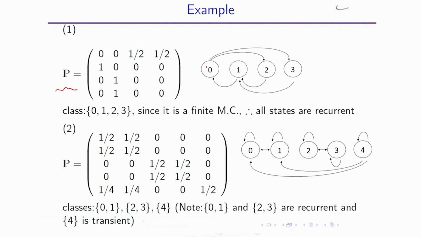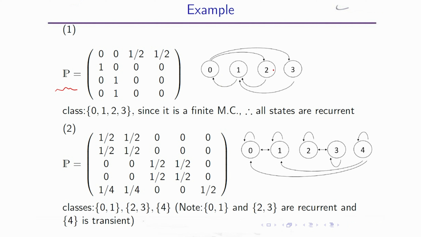How can 0 go to 1? Because 0 goes to 2 and 2 goes to 1, so 0 can go to 1, right? So 0 and 1 belong to the same class. And can 0 go to 2? Yes, obviously. Can 2 go to 0? Yes, because 2 can go to 1 and 1 can go to 0. So 0, 1, 2 belong to the same class.